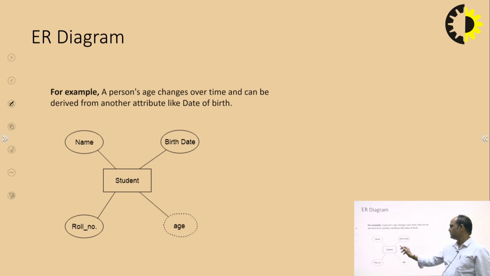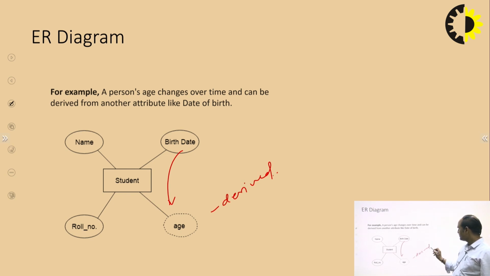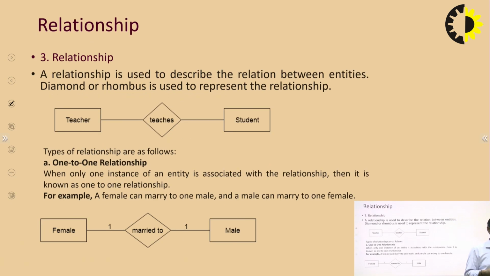Age can be derived from the date of birth, so it is shown with dotted lines. This is called a derived attribute. This is a live example of a derived attribute. If any attribute can be derived from another attribute, it is called a derived attribute.